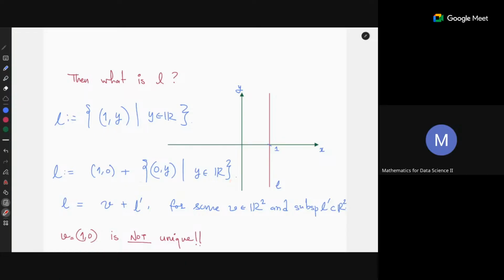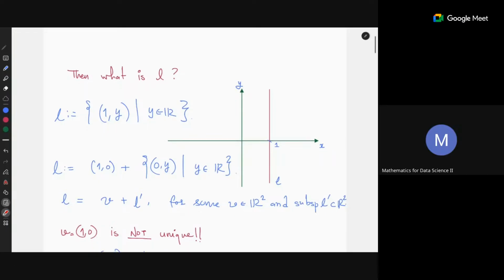And we know that this y-axis is a subspace of R2 because it passes through the origin, and the sum of any two vectors is in this line, and so on. So L can be written as a vector plus a subspace of R2. And what is that subspace? It is nothing but the y-axis.